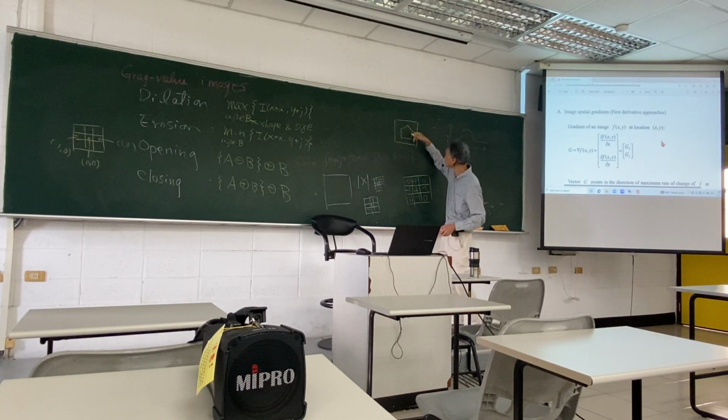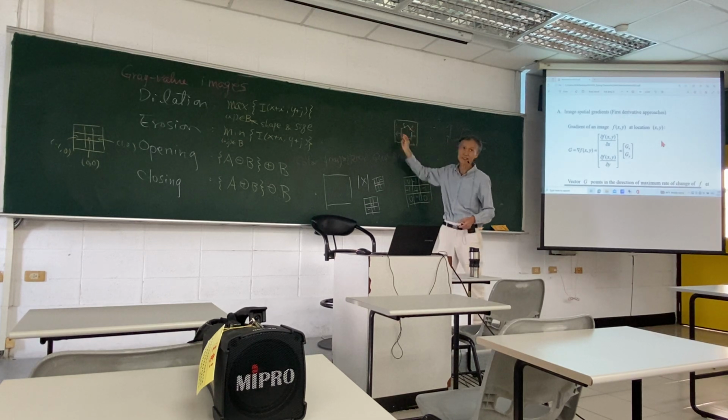I know all this for this pentagon, and I know all these points are edge points, but their gradient direction will be totally different. So it depends on your application.